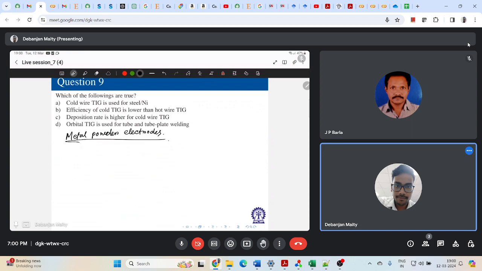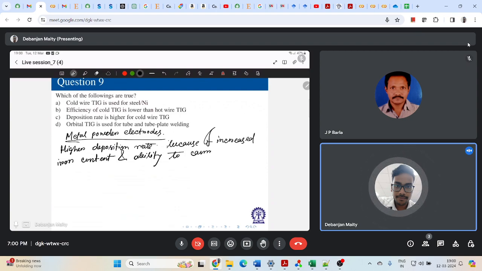So, higher deposition rate because of increased iron content and ability to carry more amount of current, right?